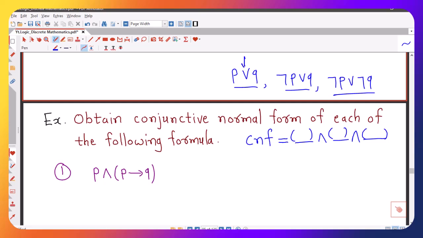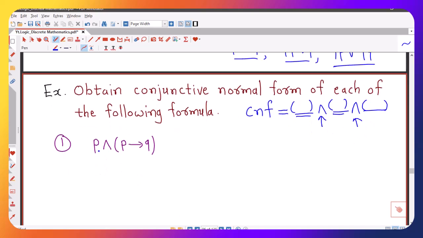Elementary sums mean variables and their negations connected by the OR operator, or disjunction operator, and therefore they are called elementary sums. And CNF is nothing but elementary sums linked with the AND operator. So we try to convert this formula into CNF.